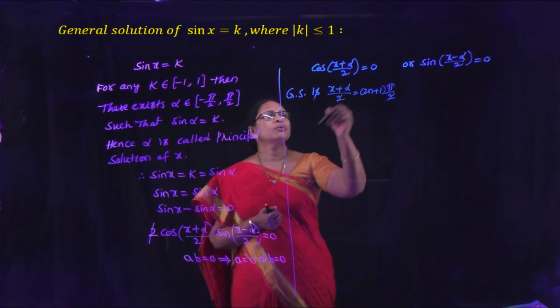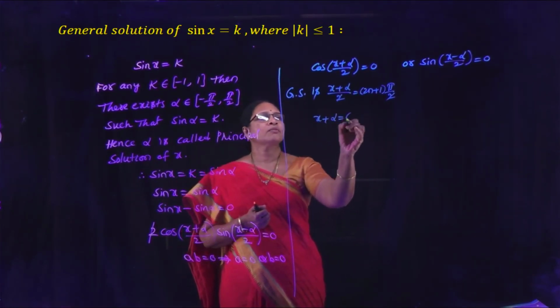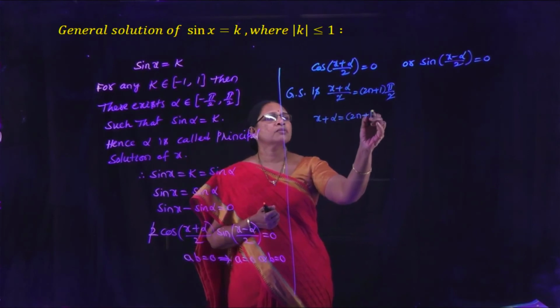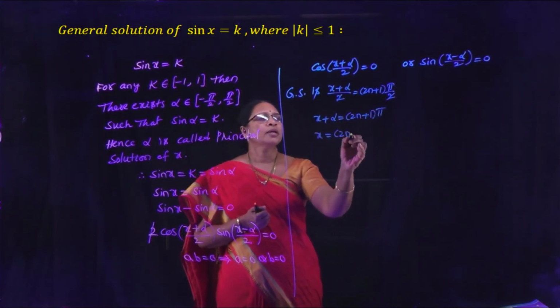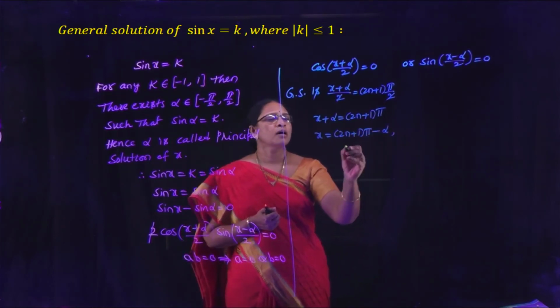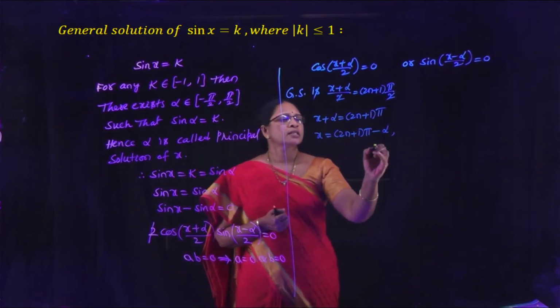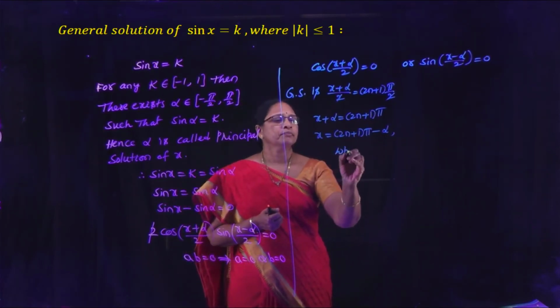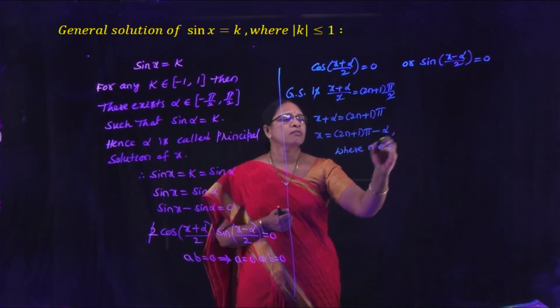Here 2 gets cancelled. X plus alpha is equal to 2n plus 1 into pi. X is equal to 2n plus 1 pi minus alpha, where n belongs to z. Treat it as equation 1.